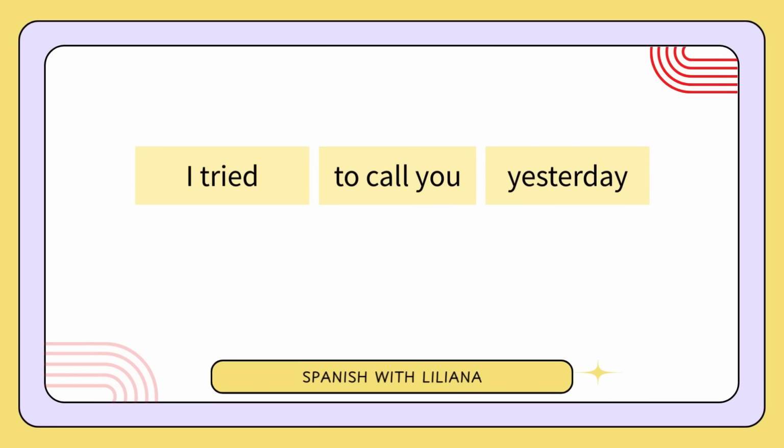All right, now let's take a look at one in the past tense. I tried to call you yesterday. How would you say that? I tried is intenté. And then to call you is llamarte. So here we just attach the pronoun te to the infinitive verb. Instead of making it two words like call you, we just say llamarte.